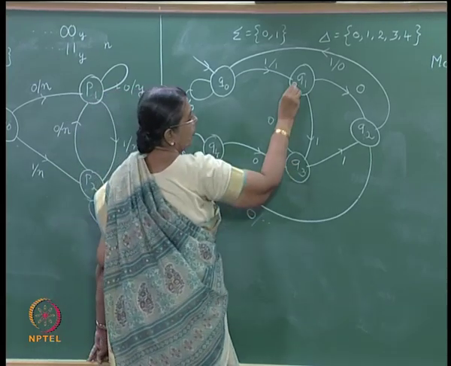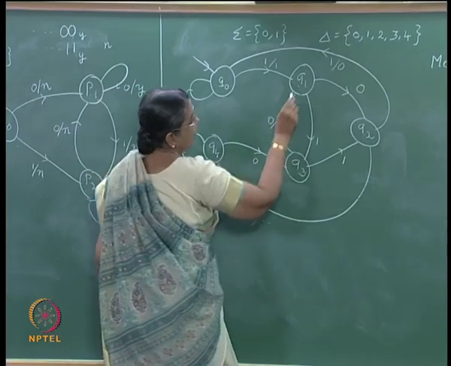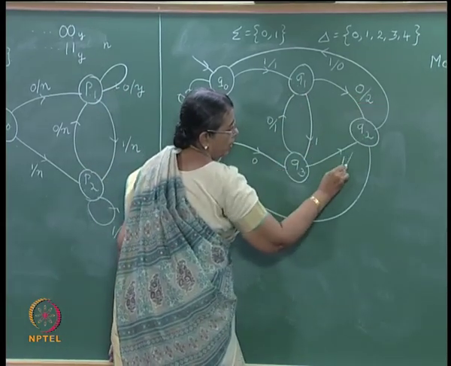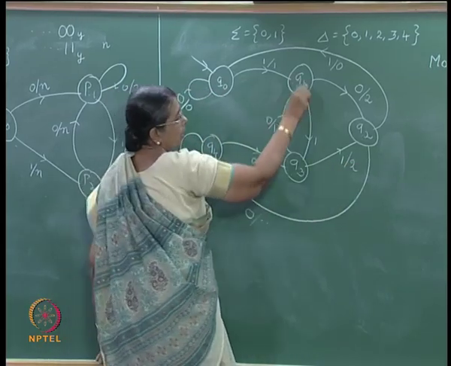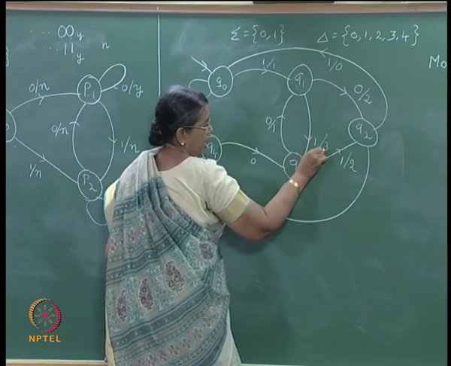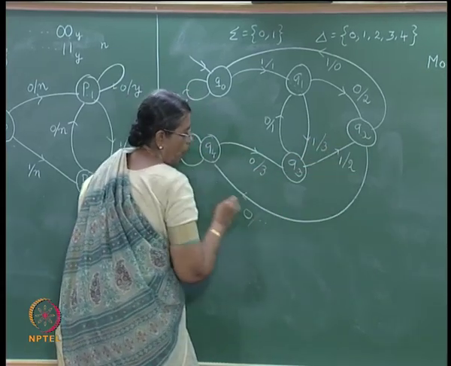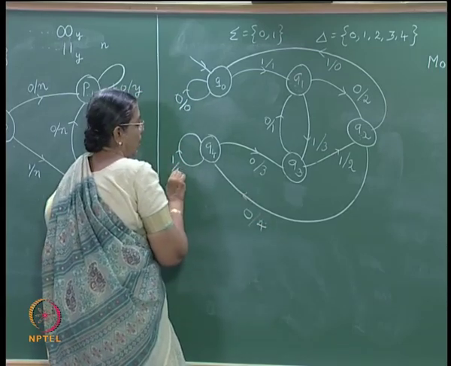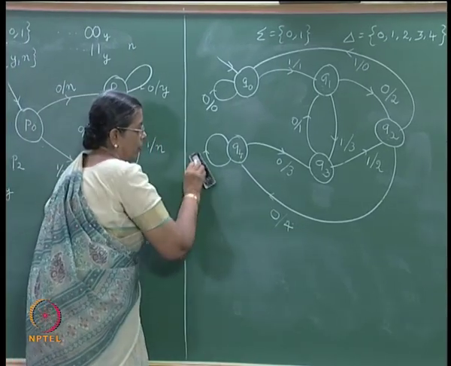When you go to this state, you output a 1. When you go to Q2, you output a 2. Here you output a 2. When you go to Q3, you output a 3. Here 3. When you go to Q4, you output the, this I will write as 1.